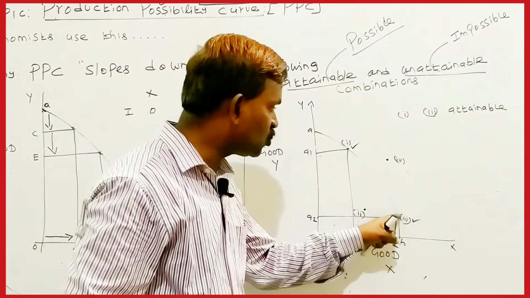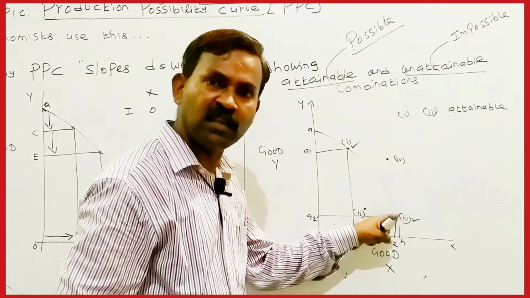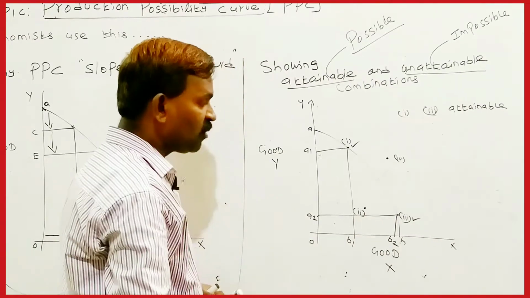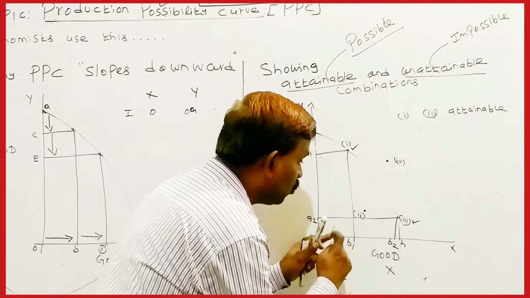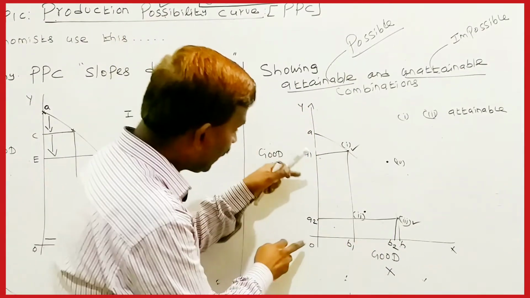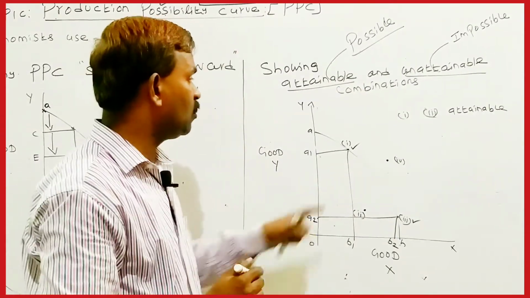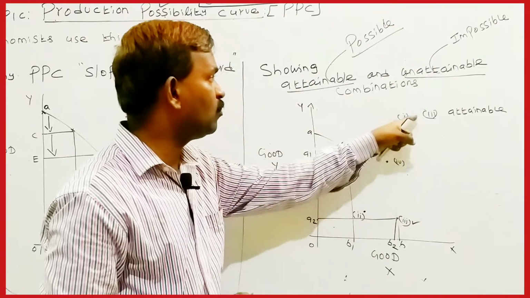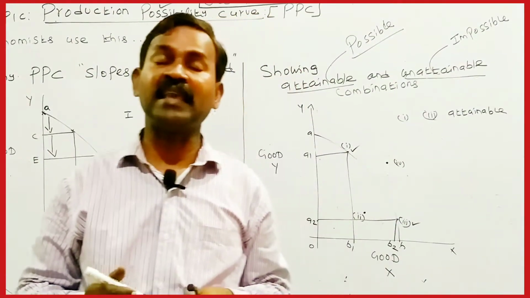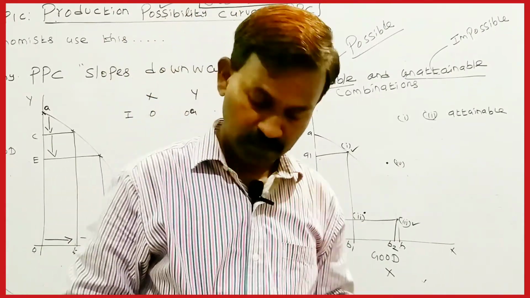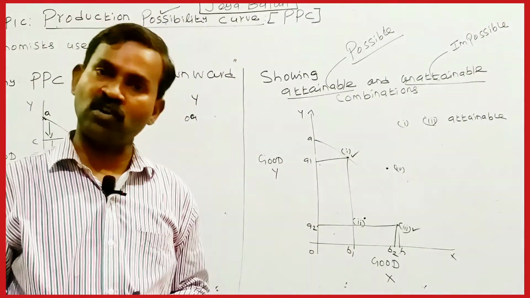Point number 3 shows when the economy is operating at this point on PPC, it shows the economy will be able to produce OB2, this is the quantity, OB2 number of units of good X and OA2 number of units of good Y that can be produced. So, what is a common thing for 1 and 3? Both are attainable or possible combinations of two goods that can be produced by the economy by using the available resources and with the present technology.